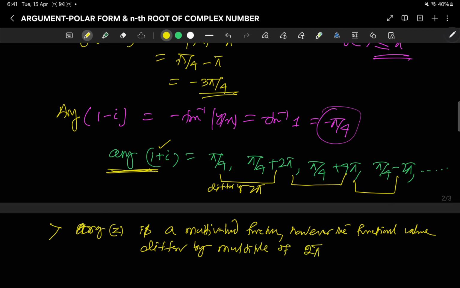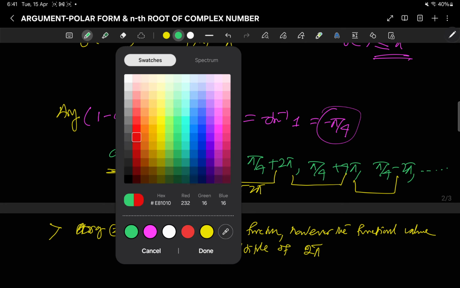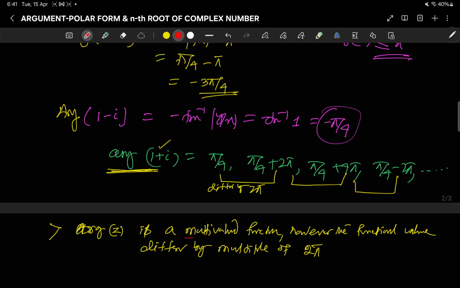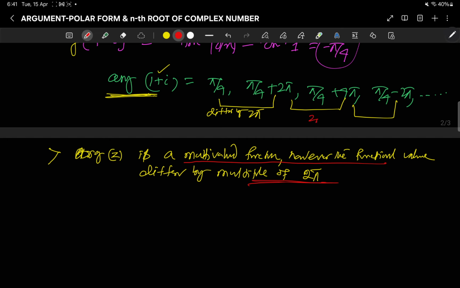So while we compare these properties, the values may vary, but we have to see that they differ by 2 pi, then it is okay. You see this gap is 2 pi, right? But if I think of this and this gap, what is this gap? The gap is 4 pi, so it differs by a multiple of 2 pi, right?